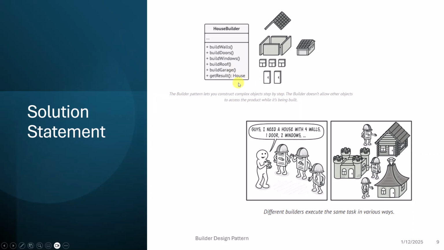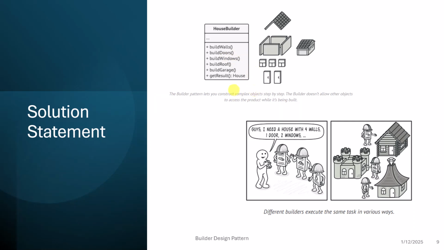Some of the construction steps might require different implementations when you need to build various representations of a product. Here, for example, the walls of the cabin may be built with wood, but the castle walls may be built with stone.